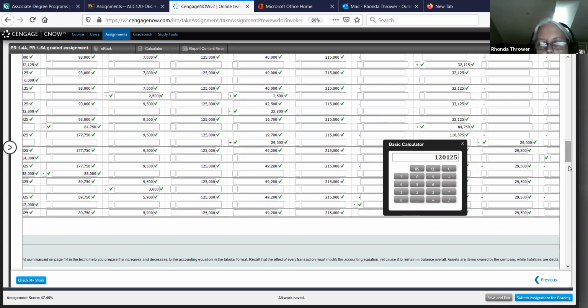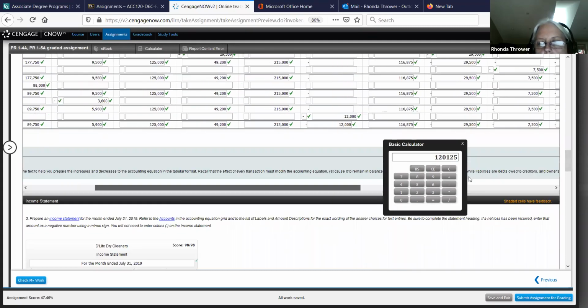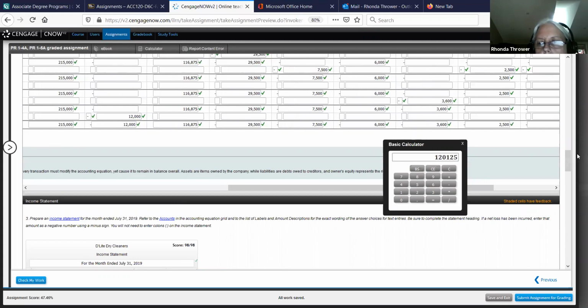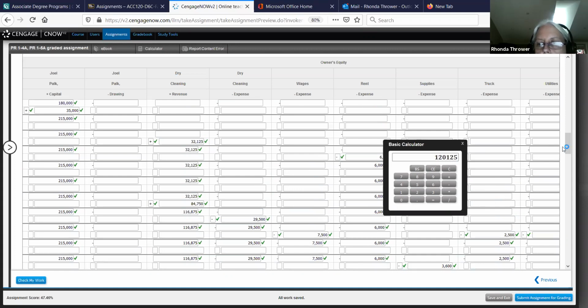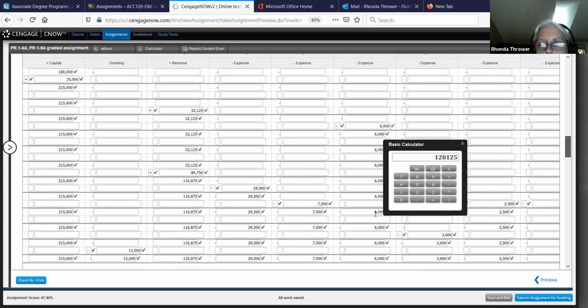I don't have it quite over far enough, so we'll scroll over a little bit further here. My rent expense, I paid cash of $6,000 for my rent expense. That was in this transaction right here. So I'm going to clear my calculator. This is the first expense that I paid cash with. It was for the rent of $6,000.